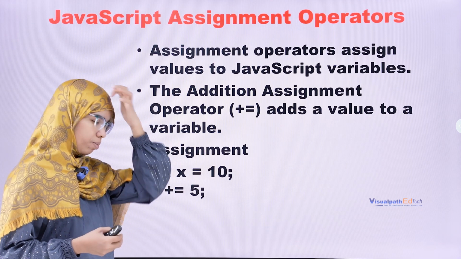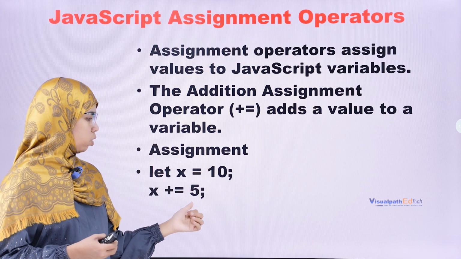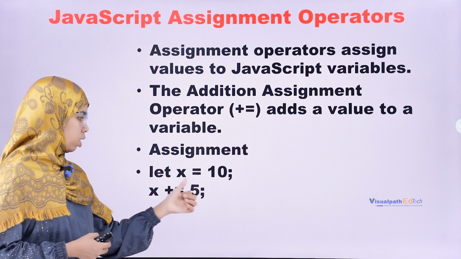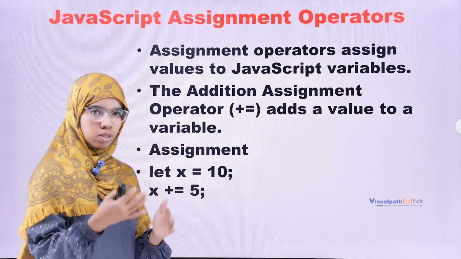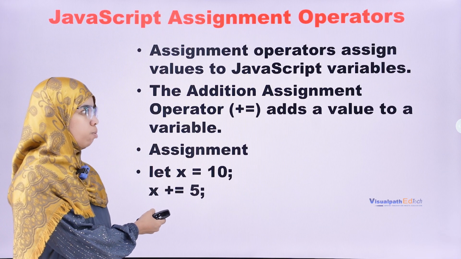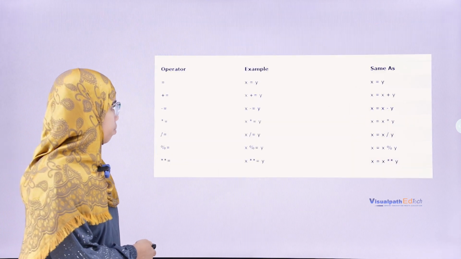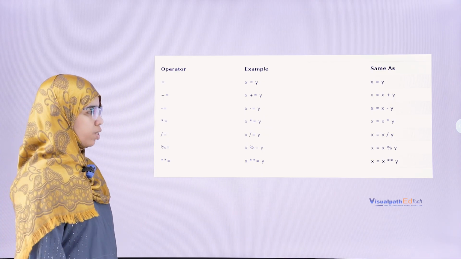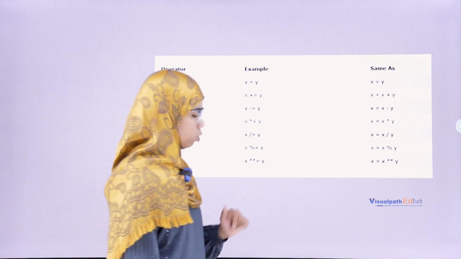We are assigning 10, and along with that, we are adding 5. 10 plus 5 is 15. So rather than writing 10 plus 5, we can write it in another way by using the assignment operator plus equal to. So here is a list of how we can assign the variables and the values to it. Just have a look at it.